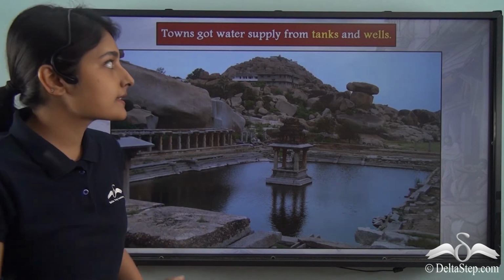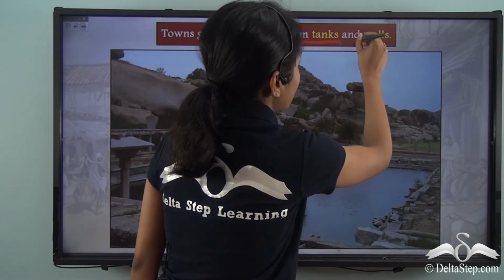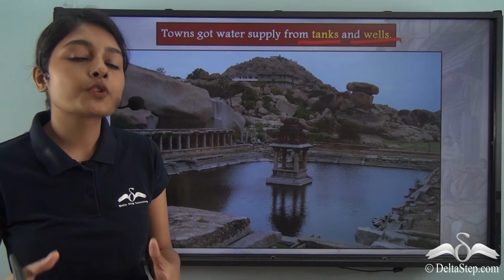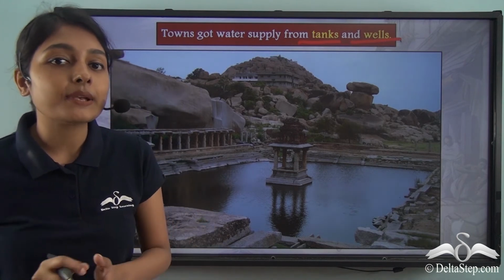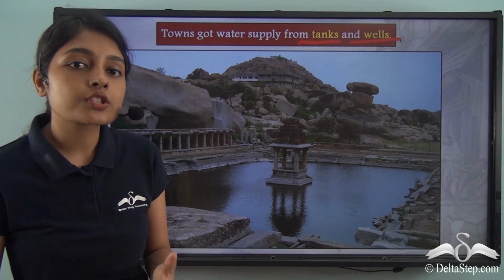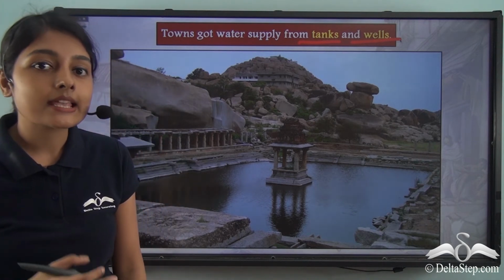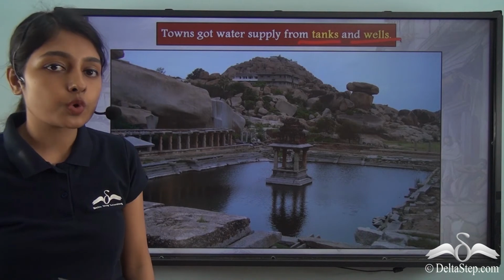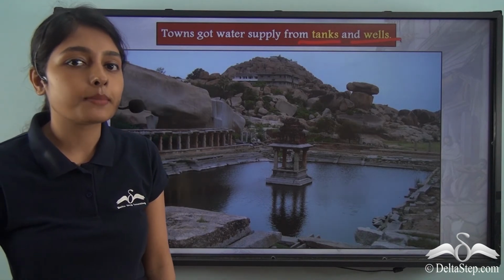For this purpose, tanks and wells were constructed. Now these tanks and wells were mostly constructed inside the complex of temples. But along with that, tanks and wells were also constructed outside the temples, and these tanks and wells supplied water to the people who lived in the temple towns.